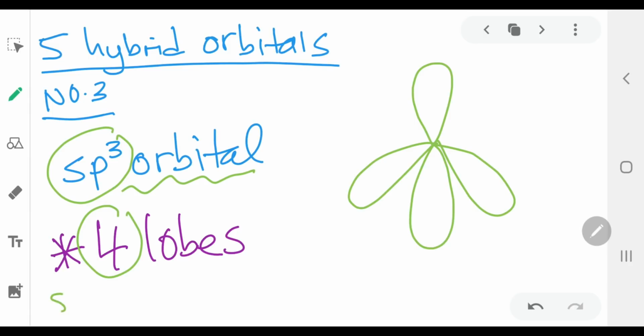Because we have one s orbital mixed with 3 p orbitals to make SP3, SP to the power of 3. You have one s orbital added with 3 p pure orbitals, and you get this hybrid orbital right over here, which is SP3.